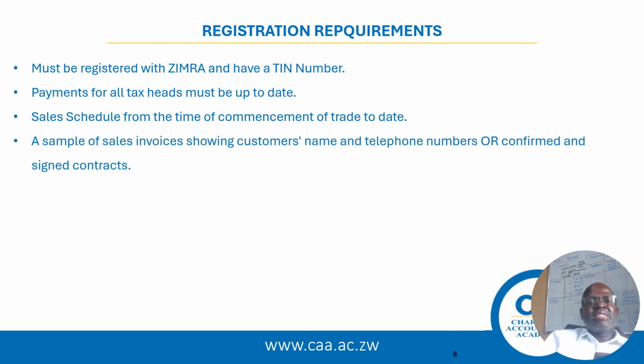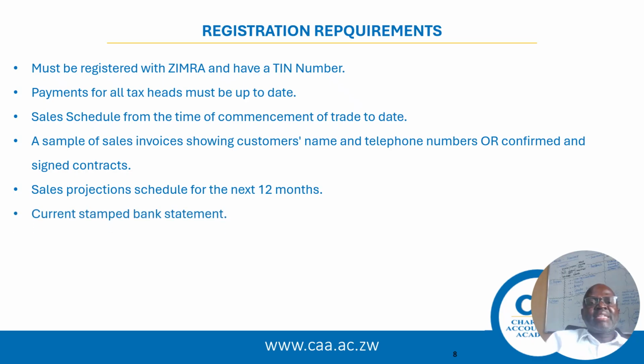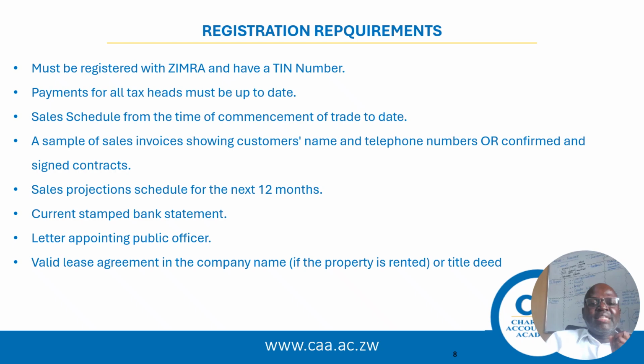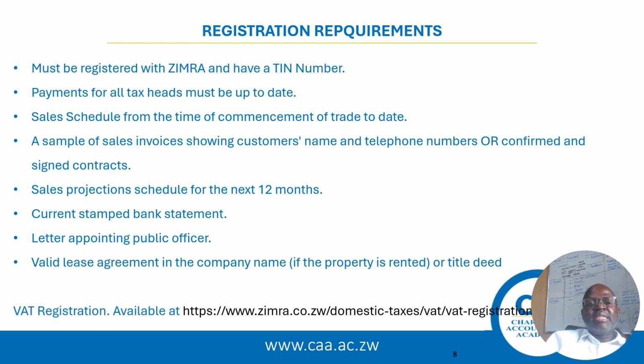A sample of sales invoices showing customers' names and telephone numbers, or confirmed and signed contracts, sales projections for the next 12 months, a current stamped bank statement, a letter appointing a public officer, and a valid lease agreement. So all these things are requirements from Zimra, and you can visit the Zimra website to see the things that will be required for you to register.